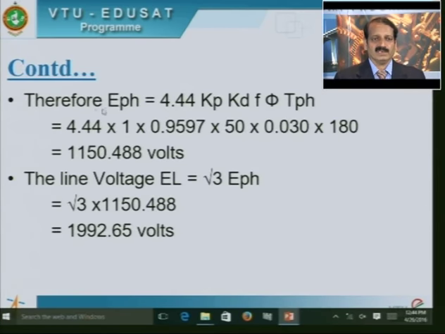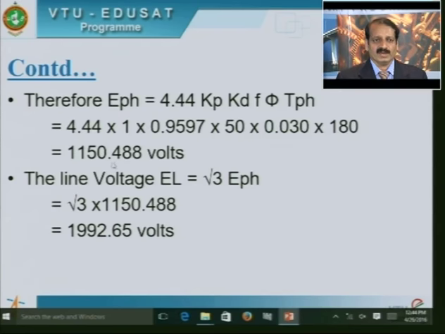Therefore, we can now calculate induced EMF per phase, which is E phase, equal to 4.44 Kp Kd F phi T phase. So, when we substitute Kp is equal to 1, Kd is equal to 0.9597, it is given, frequency is 50, phi is 0.03 Webers, T phase is 180.